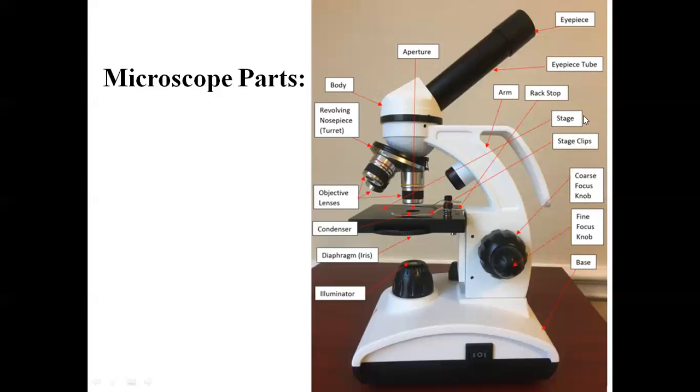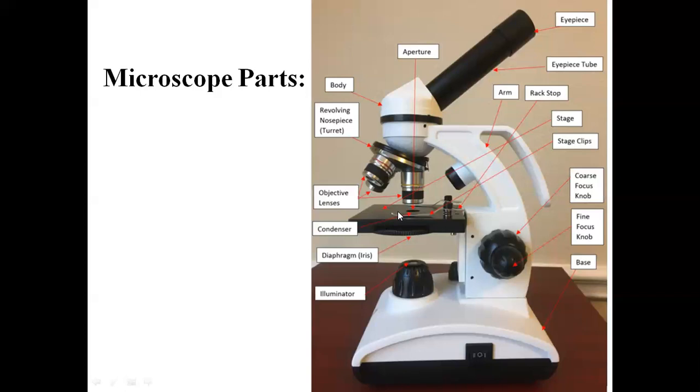Then we have the other part of the microscope, the stage. The stage is the place where you keep the sample. Your sample will be placed here on the stage for viewing.